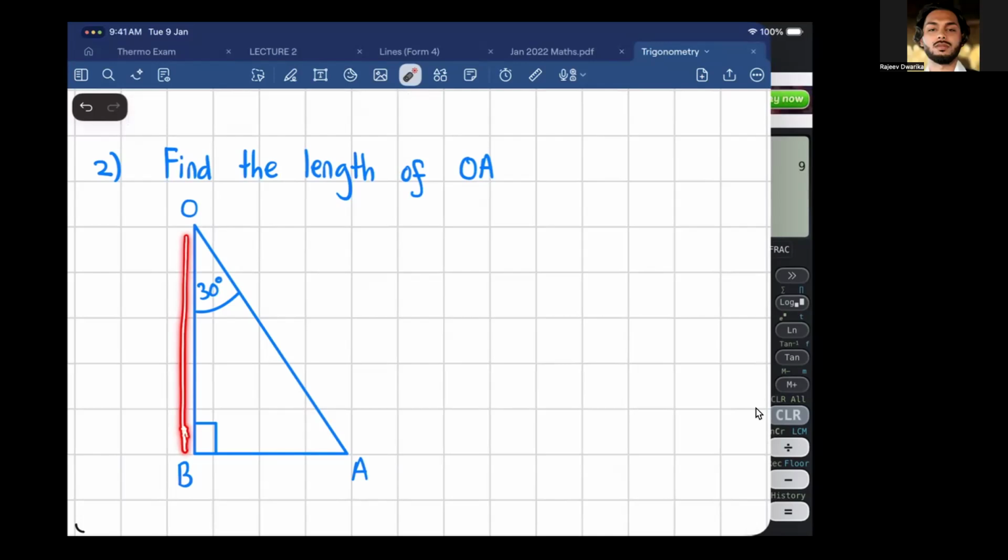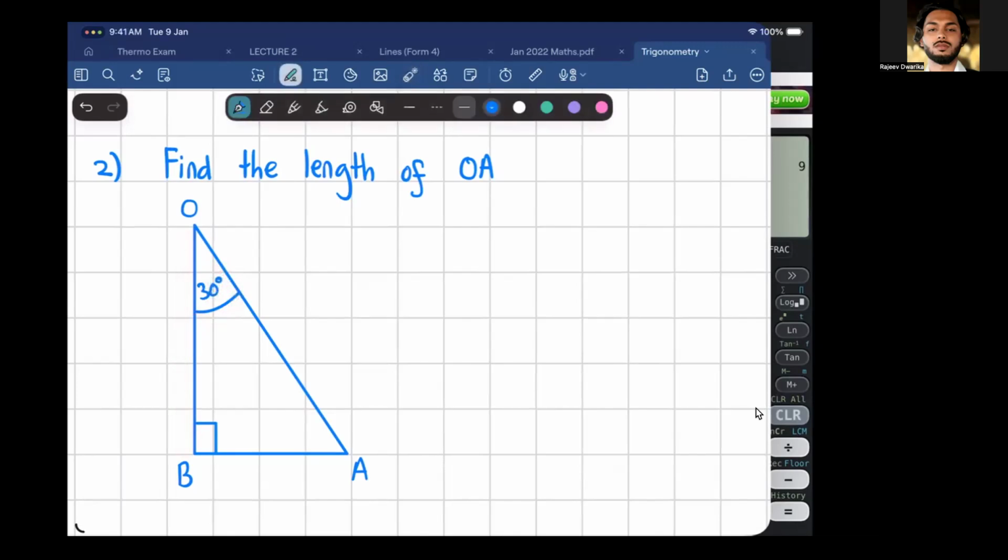Adjacent. Right. That's correct, but why did you say that? Adjacent means the side that is right next to the angle. Yeah, and 30 degrees is the angle we're looking at. So this is the adjacent. What would this side be? Opposite.